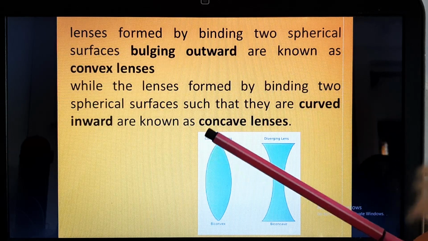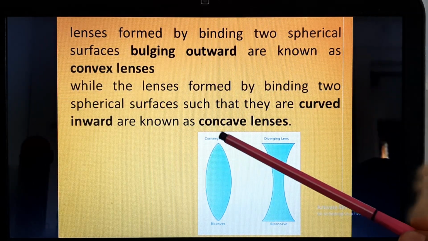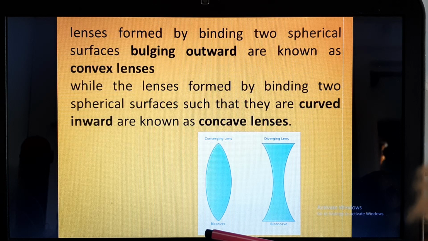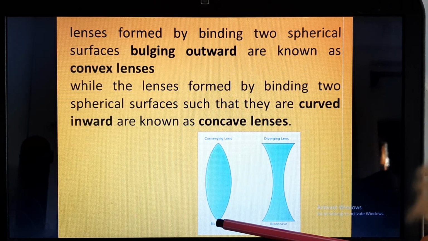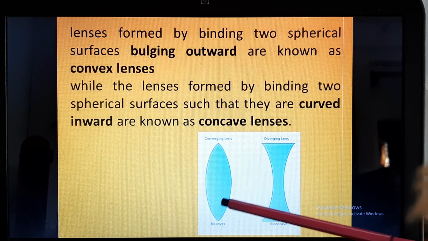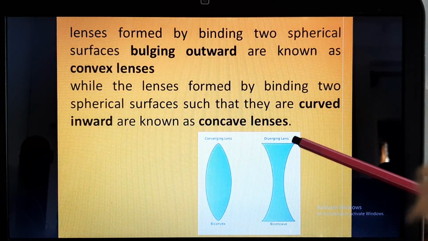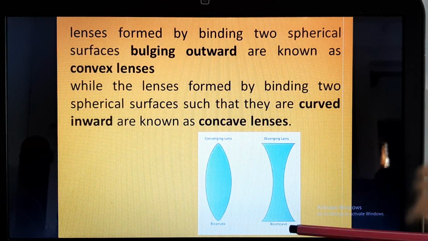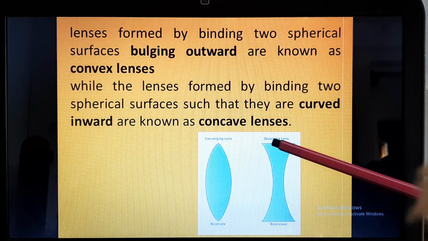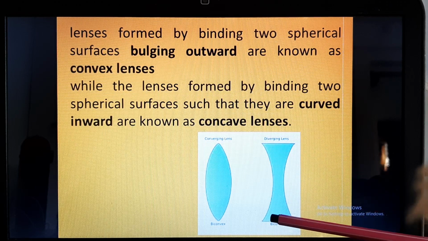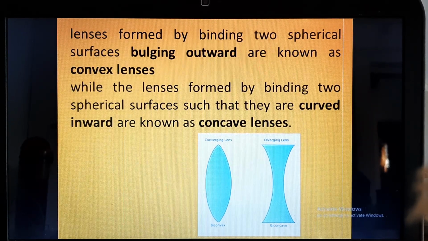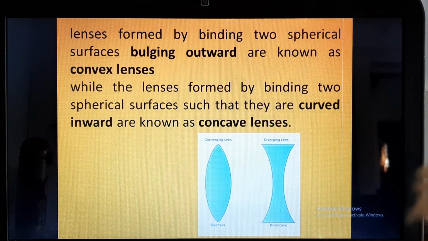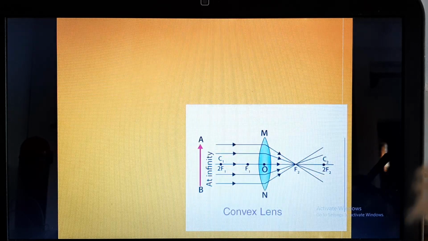Here you can see the two spherical surfaces are bulging outward, therefore this is a convex lens, and this is a converging lens. And in this, the spherical surfaces are bulging inward, so therefore it is a concave lens. So this is how convex and concave lenses look.